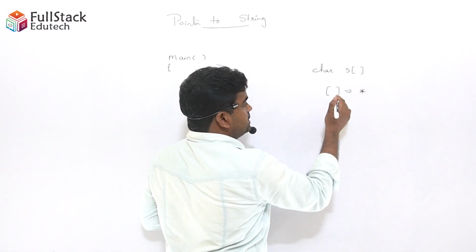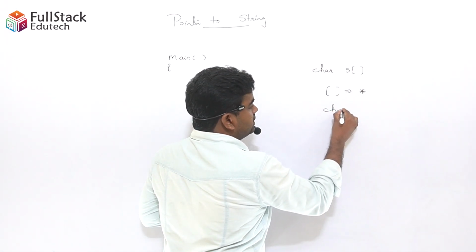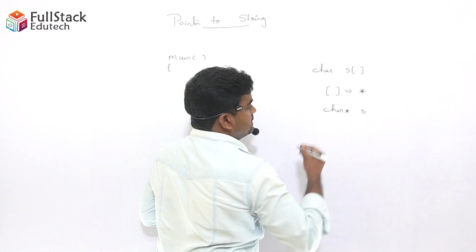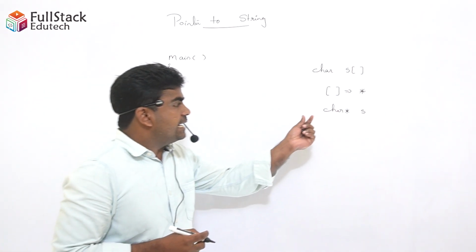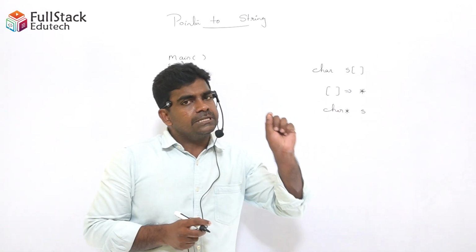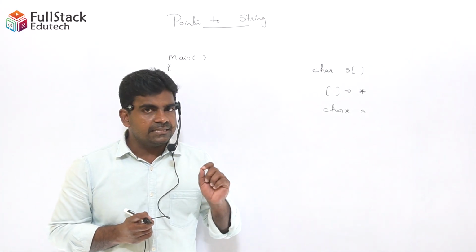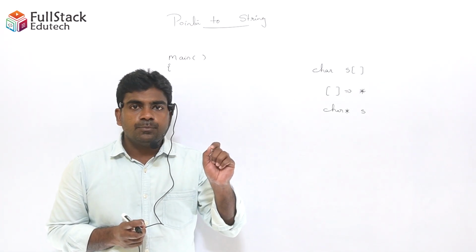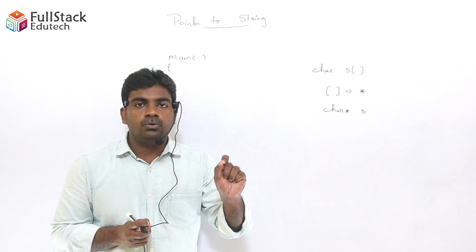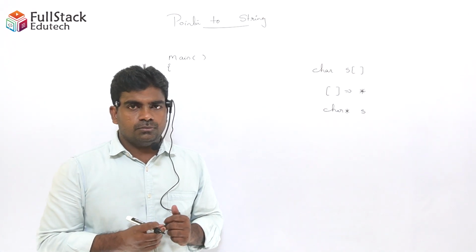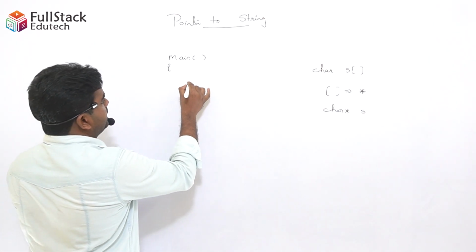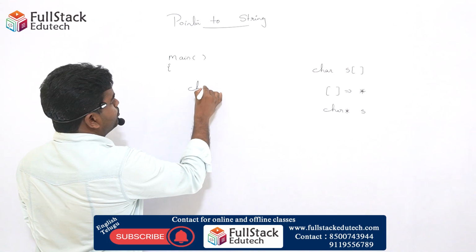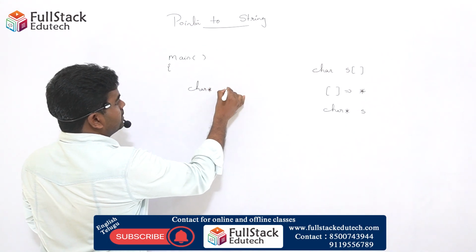So instead of this, we can simply write a character pointer s. This character pointer can point to a single character, and in the same way, the character pointer can point to an array of characters also.